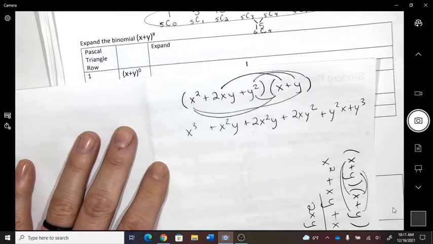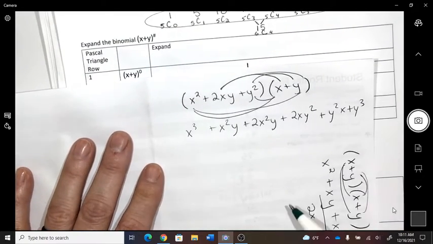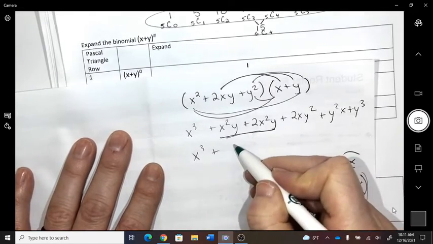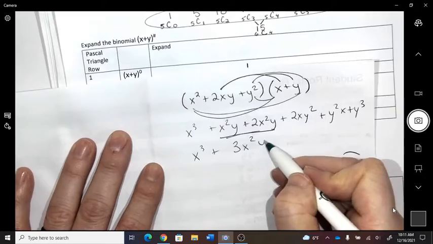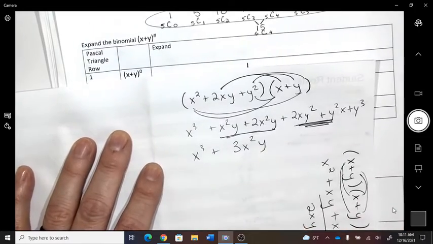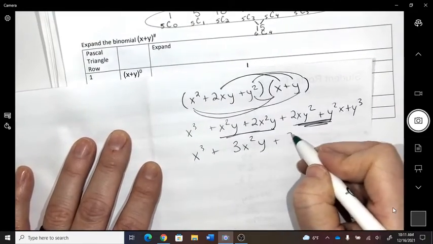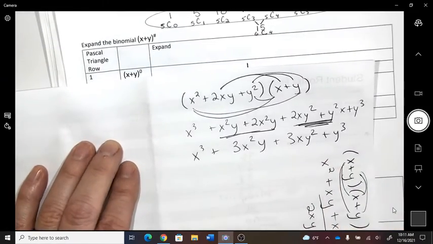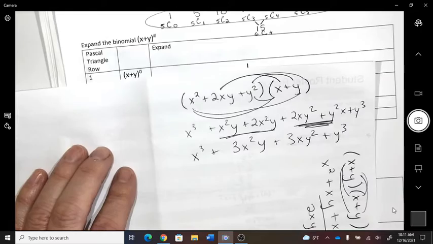Okay, see what I did? I just foiled everything through. I can put those together. So 3x squared y. I can put those together, 3xy squared. So there's my final answer when I foiled it all out.